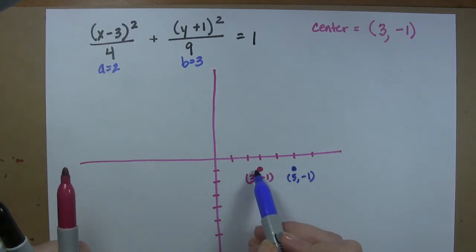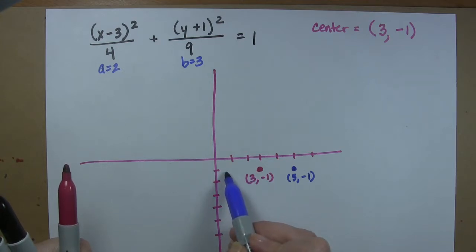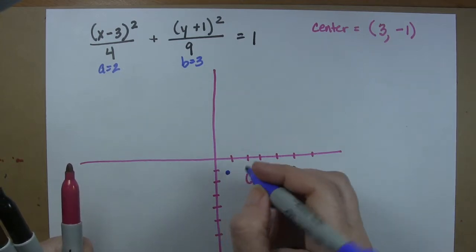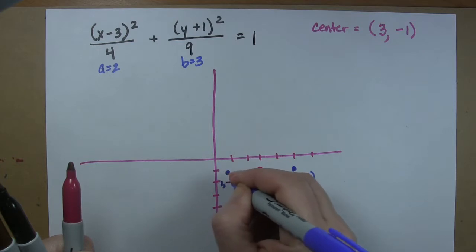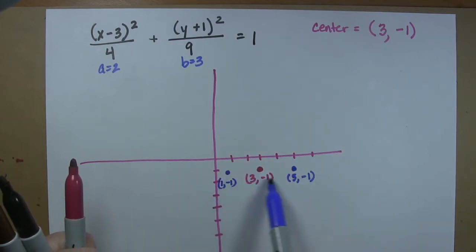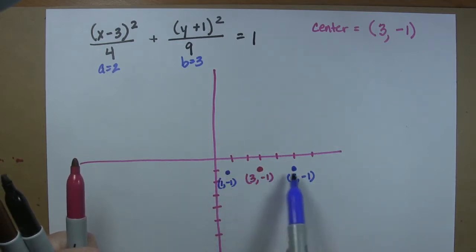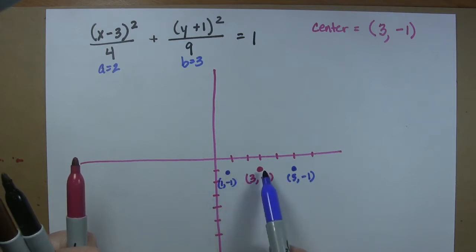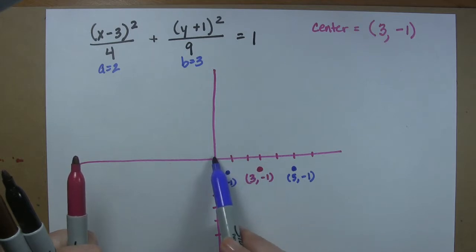And if I were to subtract 2 from my x value, I would end up at 1, negative 1. So you see that I have moved 2 spaces to either side of the center, but I'm doing it from the center, not from the origin.